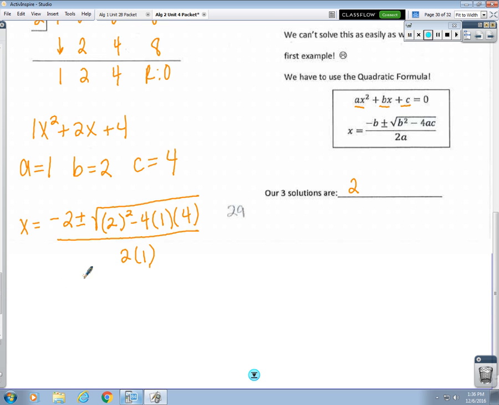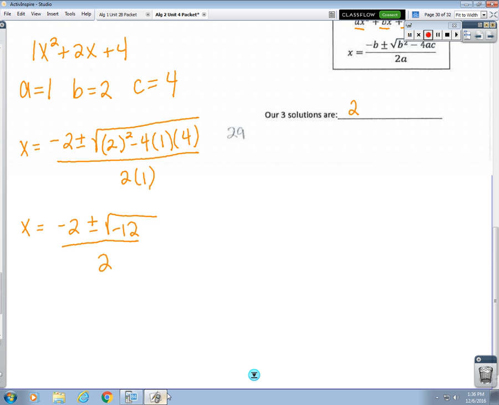Now I'm going to start simplifying this. X equals negative 2 plus or minus the square root of what? What is 2 squared minus 4 times 1 times 4? Negative 12. And then all over 2, because 2 times 1 is just 2. Okay, now just watch for a second.